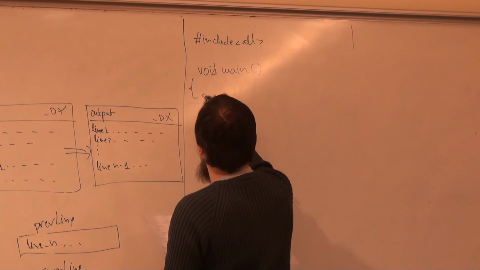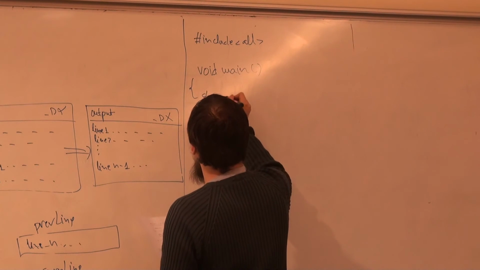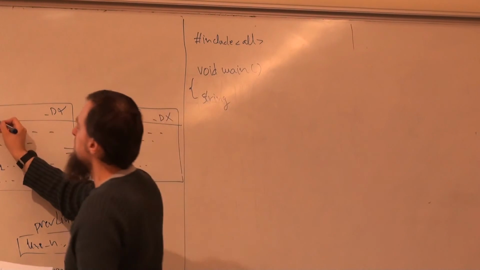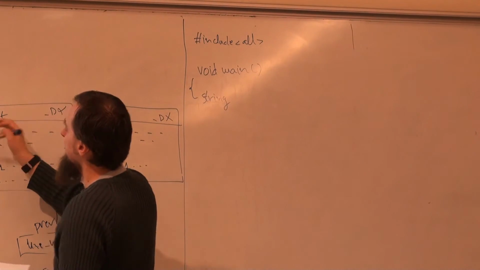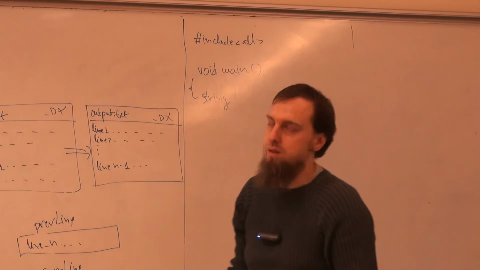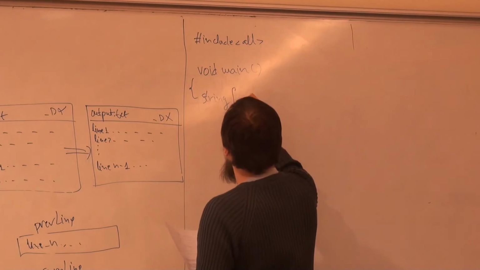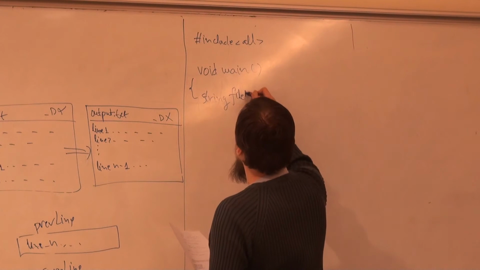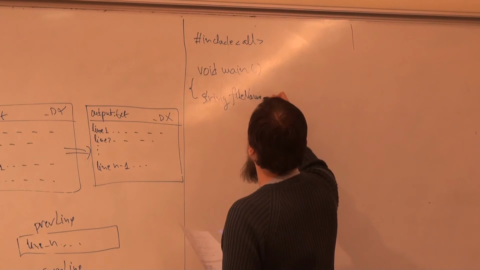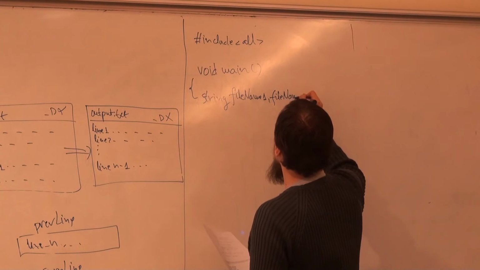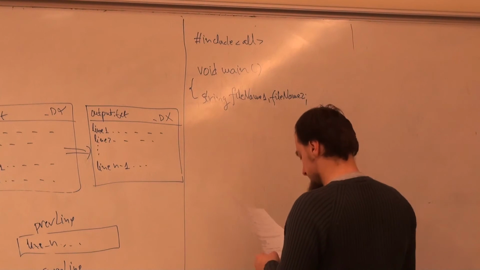I have two strings for the file names, namely input.txt and output.txt. Let's assume their names are like this, but we will ask the user to give the names. So I have two strings, filename1 and filename2.